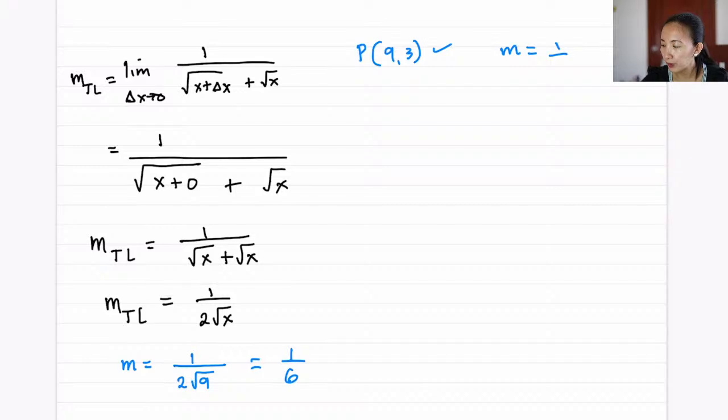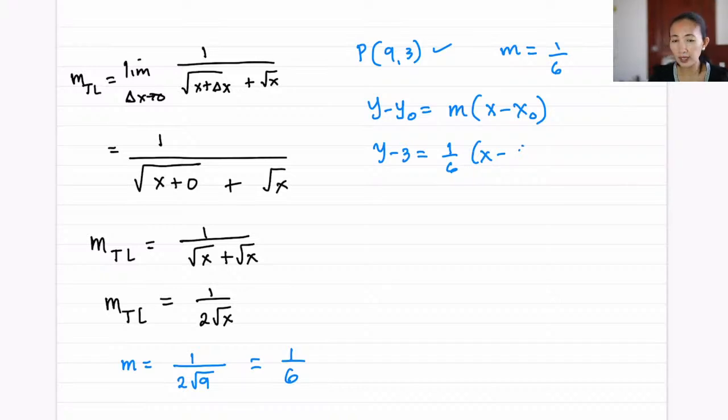We now continue by looking for the equation y minus y sub 0 equal to m times x minus x sub 0. Or x sub 1, y sub 1, it's up to you. These are representations anyway. Y minus 3 is equal to 1 over 6 times x minus 9. Okay, and then you can simplify.